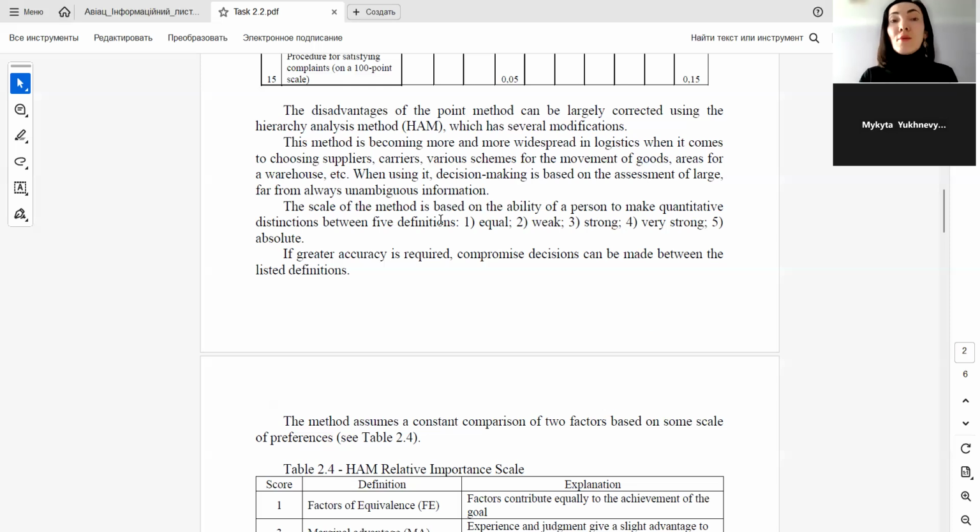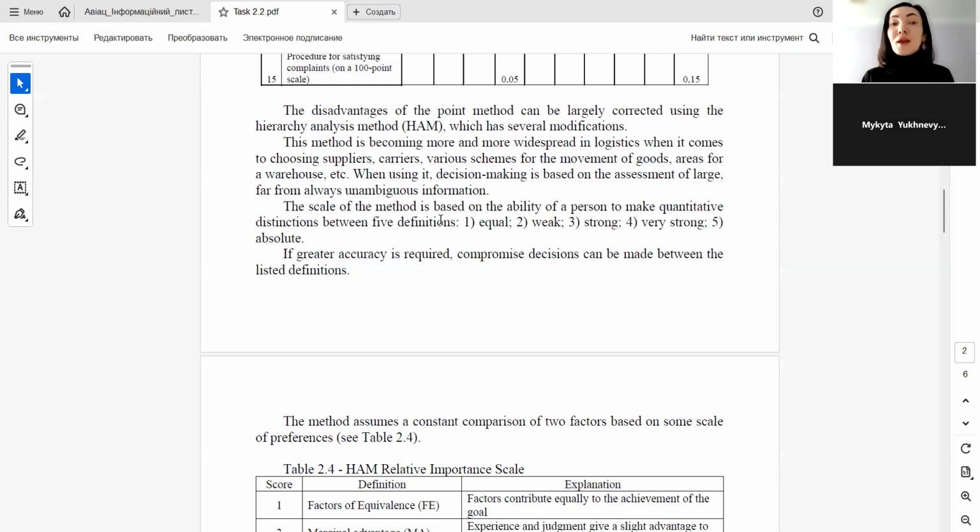This method is becoming more and more widespread in logistics when it comes to choosing suppliers, carriers, various schemes for the movement of goods, areas for warehouses, etc. So it could be useful for different choices when we need to choose something and need to use a special technology. When using it, decision-making is based on the assessment of large, far from always unambiguous information.